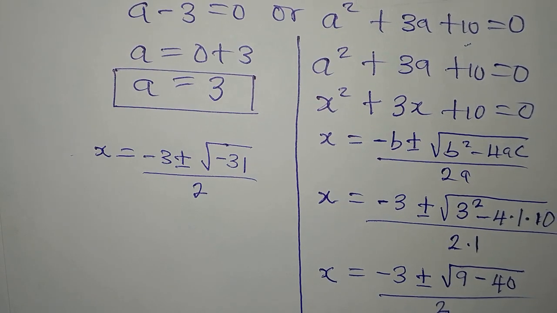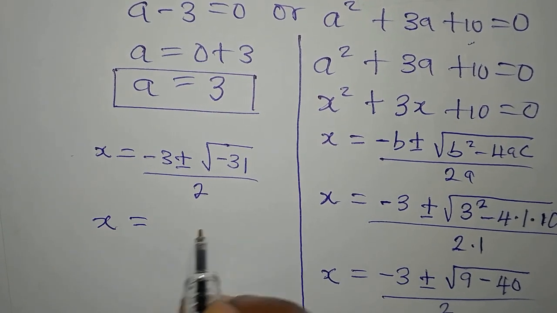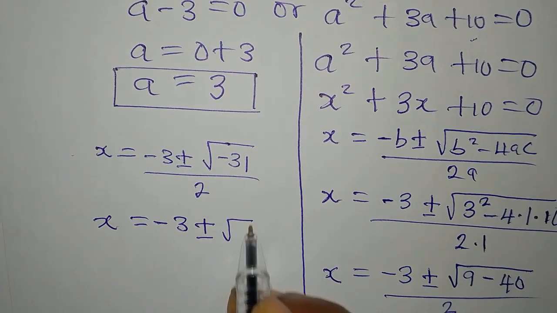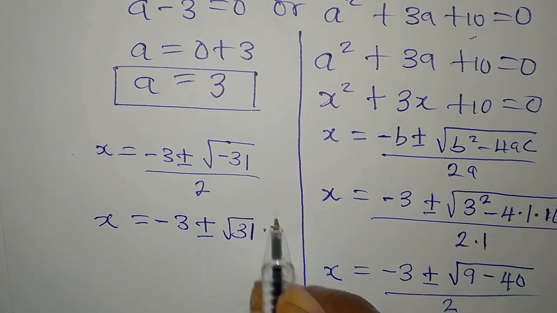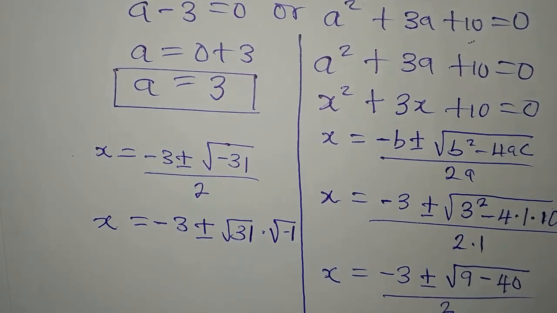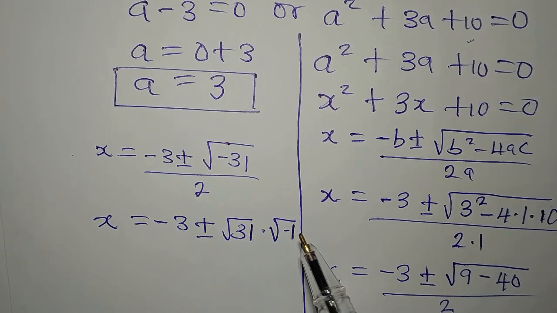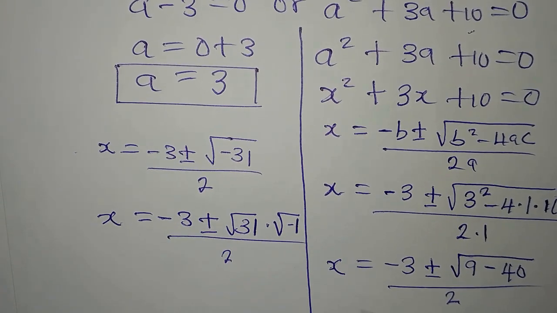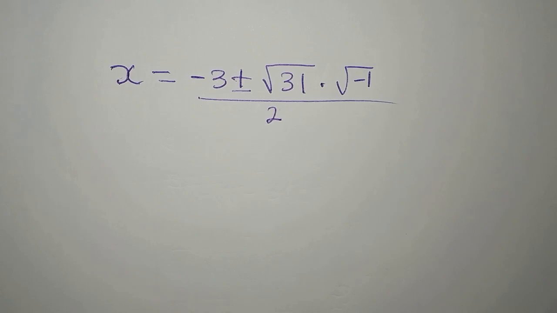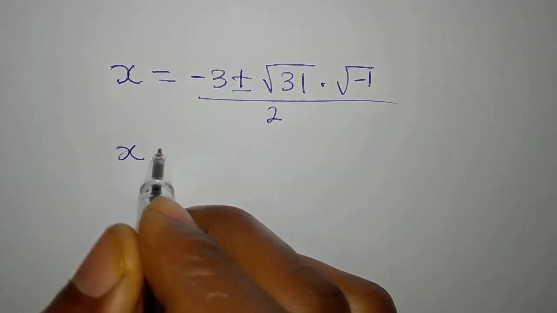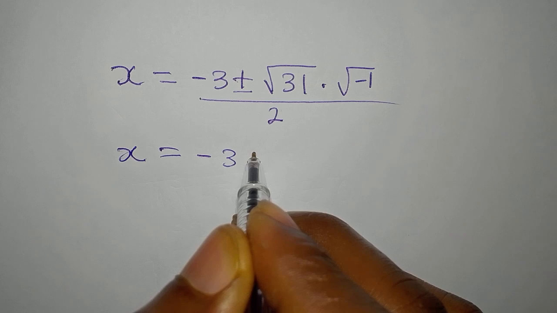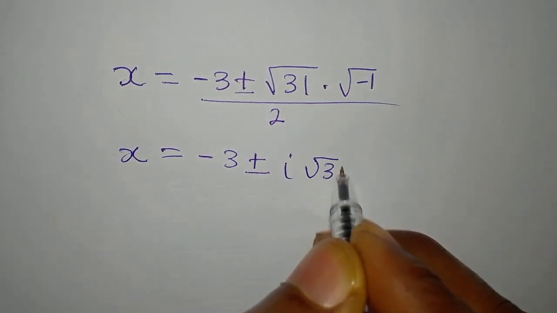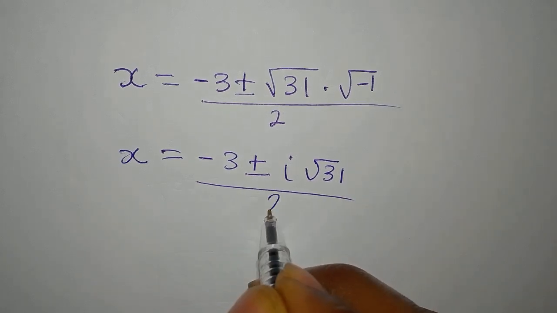Now, to continue with this, we have x equal to minus 3 plus or minus square root of 31 multiplied by square root of negative 1, so that the square root of 31 can be obtained. Then we divide this by 2. So x is equal to minus 3 plus or minus i square root of 31 over 2.